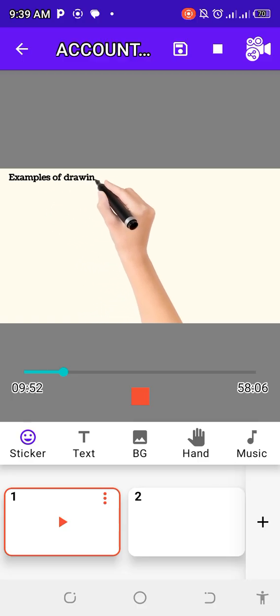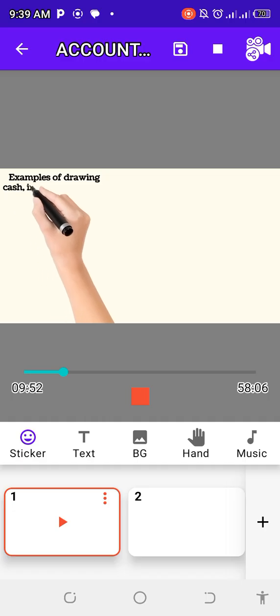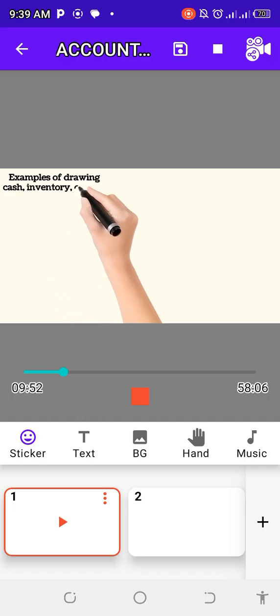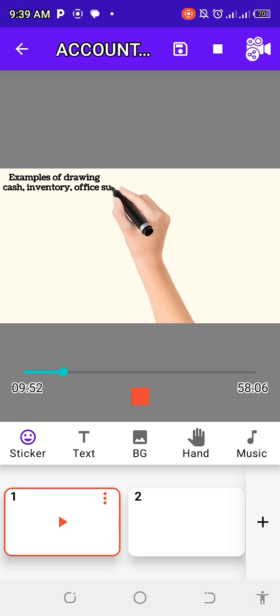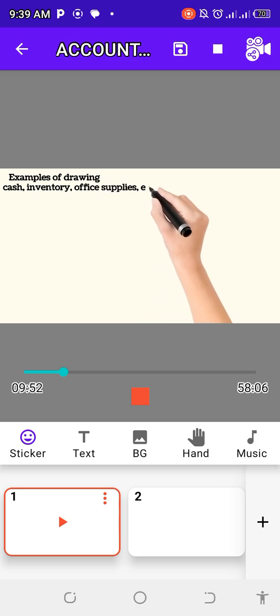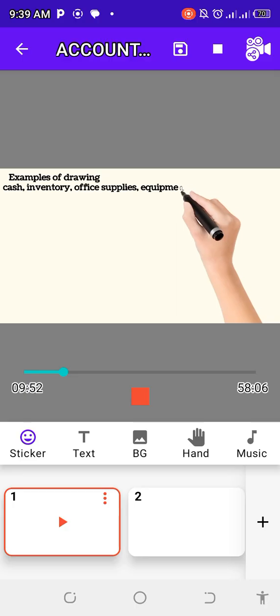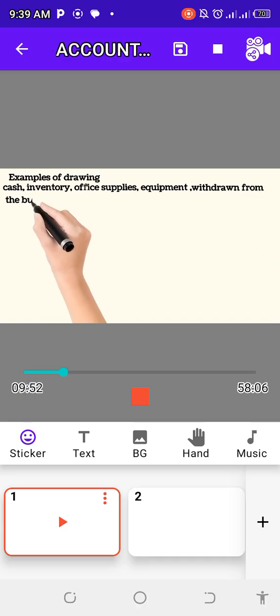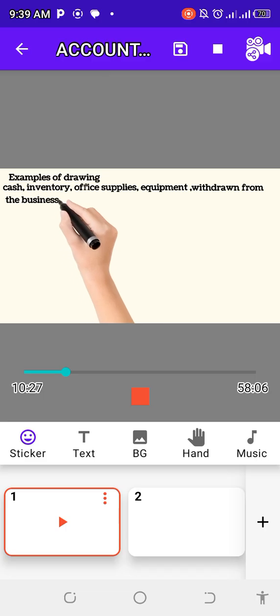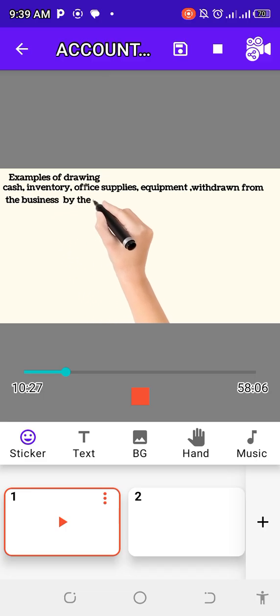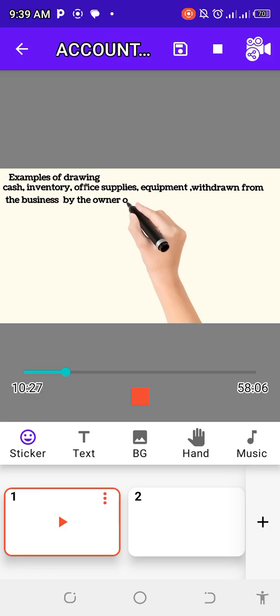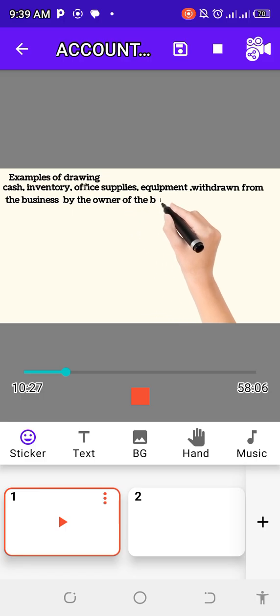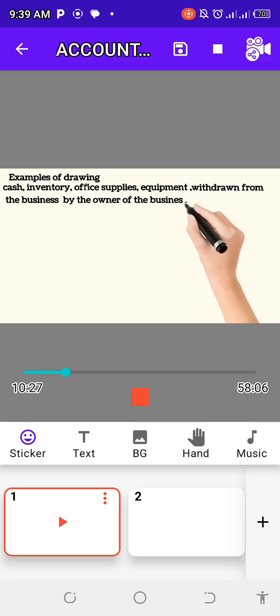Examples of drawing are as follows: cash drawing, inventory drawing, office equipment, office supply, equipment withdrawn from the business by the owner of the business for personal use.